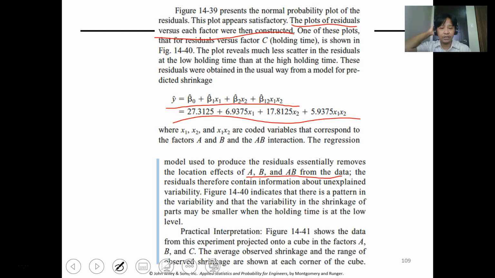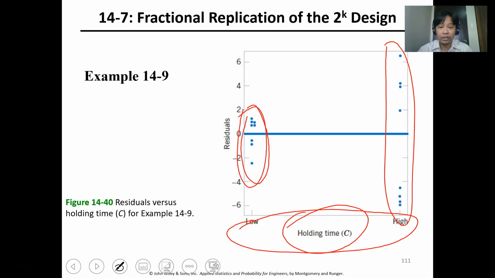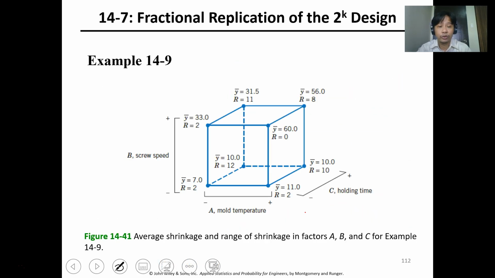So practical interpretation, figure 14-41 shows the data from this experiment projected on a cube in the factors A, B, and C. Kasi nakita natin yung A, B, and C has an impact. So average observed shrinkage and range are shown at each corner of the cube. So ito yung ating variable, mold temperature, holding time, at saka screw speed. Nakita natin na may impact yung tatlong to.